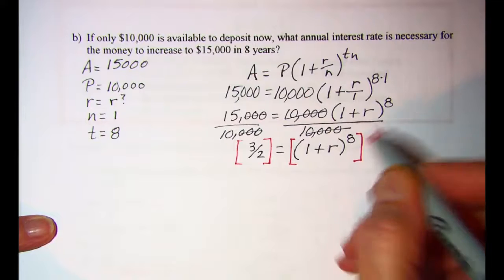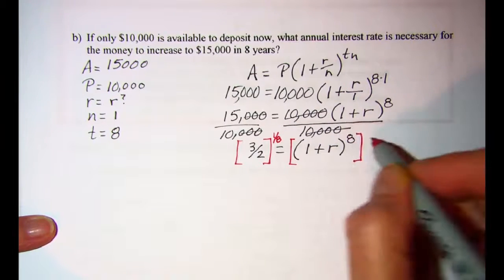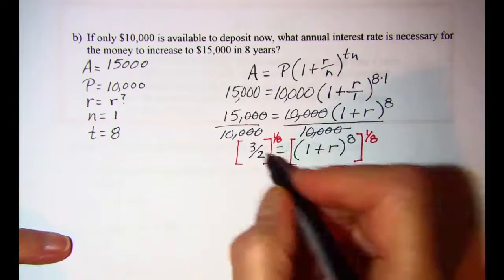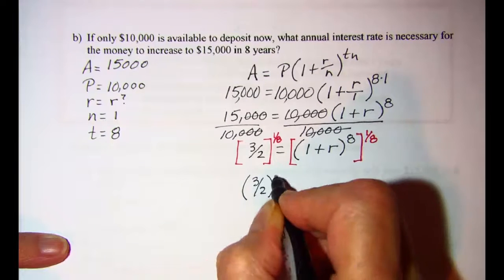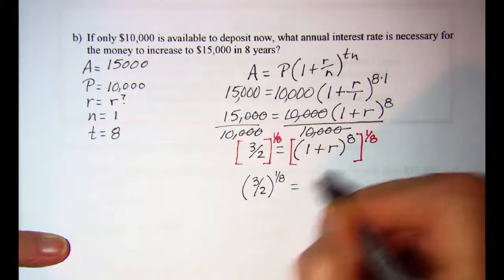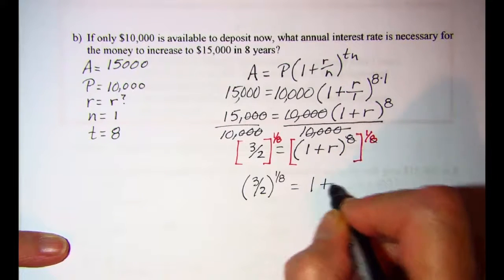The reciprocal of 8 is 1 over 8. So I can raise both sides to the 1 over 8. So this then, 3 halves raised to the 1 over 8. And then on this side, these cancel, and I have 1 plus r.